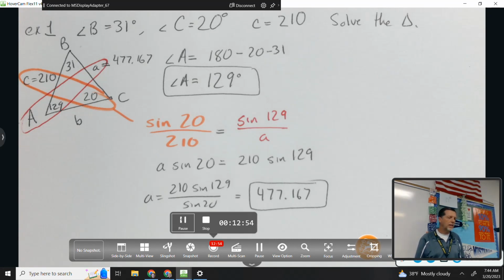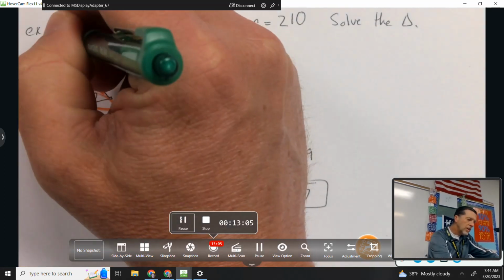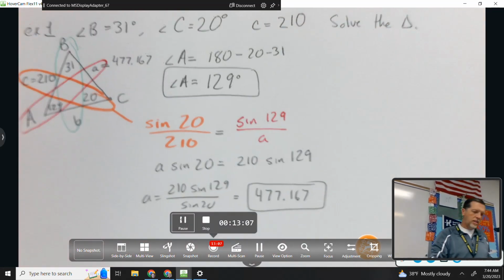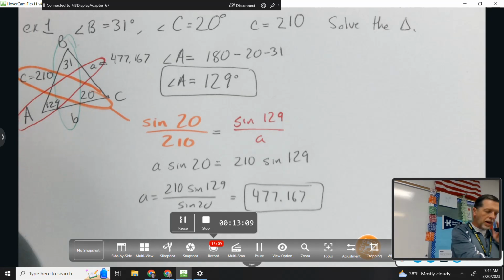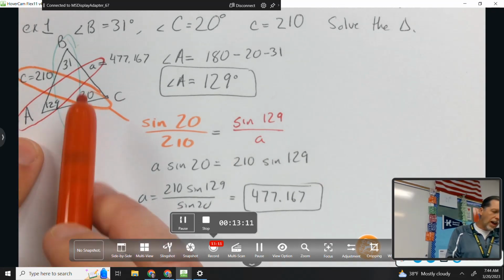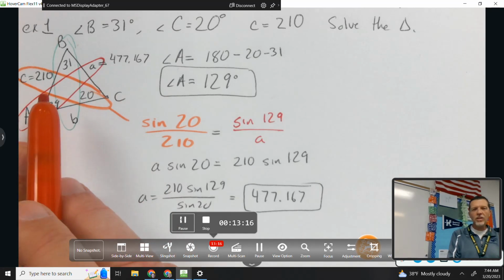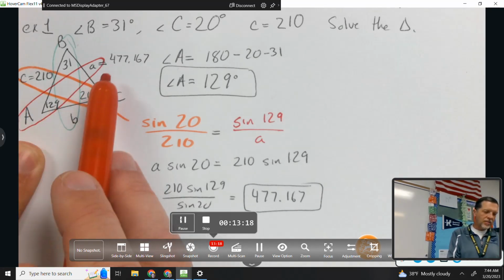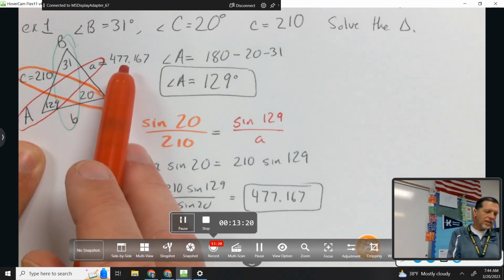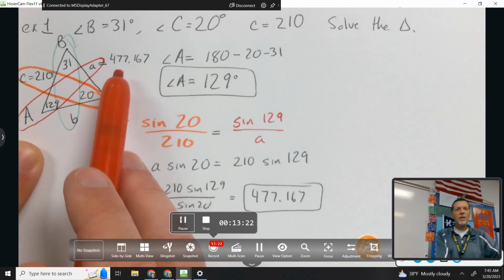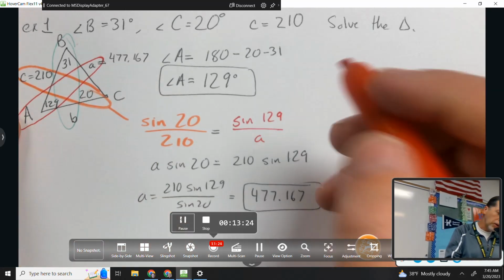Okay, any idea on what we could do next? What's the last thing to find? Side B. So let's do another pairing here. I'm going to stick with my original information. I could use the A stuff since I know it, both side and angle, but side A is a weird number, and that was a calculated number. So just in case I mess that up, I'm going to go back to my original information.